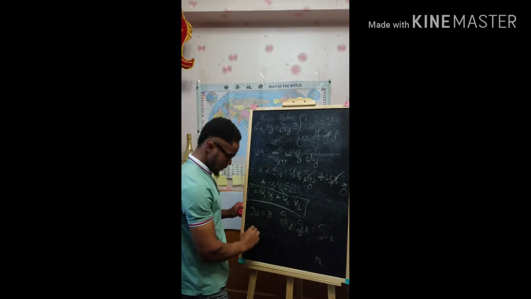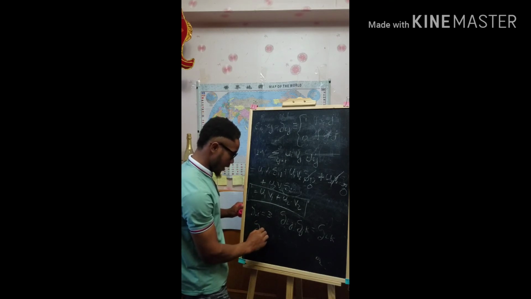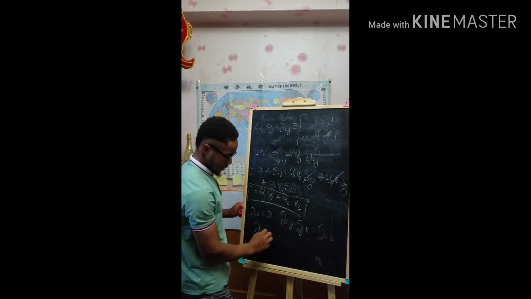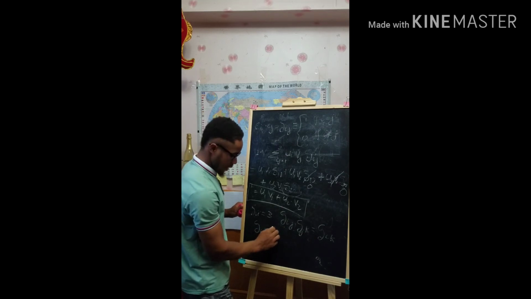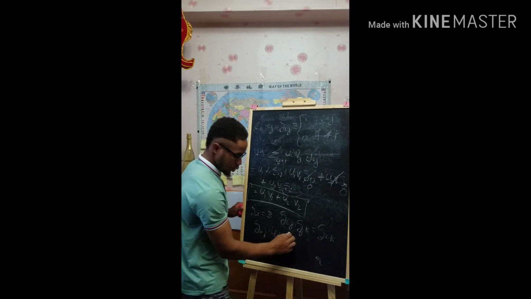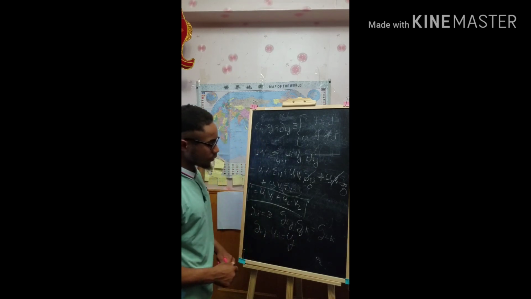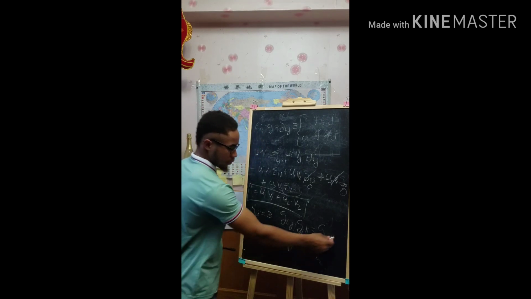And Kronecker delta ij times Ui equals Uj. What does it mean?